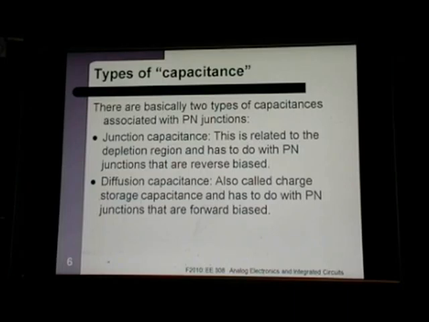So the mechanism's the same. You change a voltage and some charge has to move around, and it takes some time. So this gives a capacitive behavior, but it doesn't look like a parallel plate capacitor. Whereas the diffusion capacitance looks more like your parallel plate model.